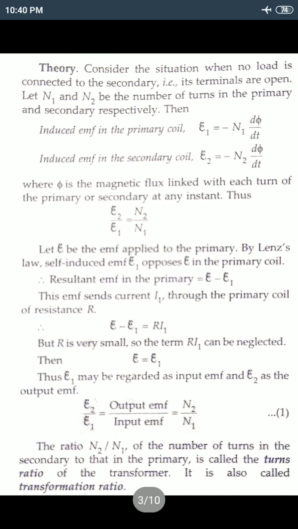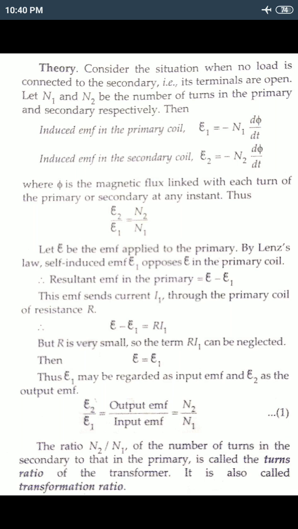And we consider N1 and N2 to be the number of turns in the primary and the secondary coil. The induced EMF in the primary coil from electromagnetic induction, E equals minus N into d phi by dt, so E1 equals minus N1 into d phi by dt. Now the induced EMF in the secondary coil, E2 equals minus N2 into d phi by dt. Phi means the magnetic flux linked with each turn of the primary or secondary at any instant.